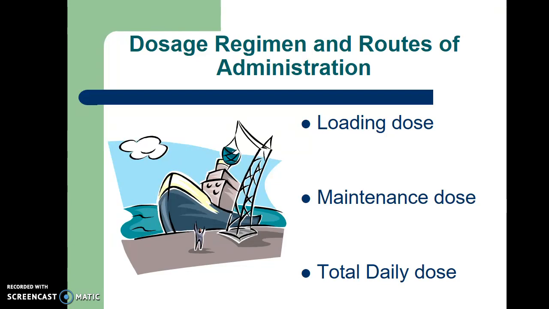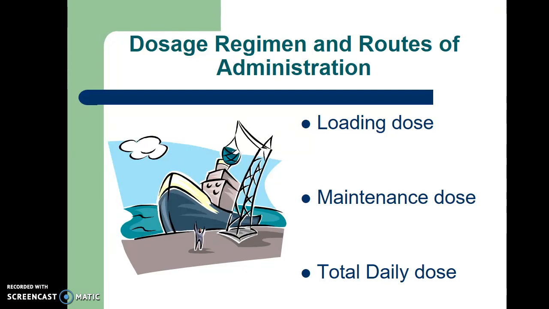That two given in the first dose is to load the animal up, to get it up to that steady state concentration faster. The maintenance dose is the second part of what I said, giving 1 capsule twice a day. That's simply the amount that we need to keep that drug in the steady state.